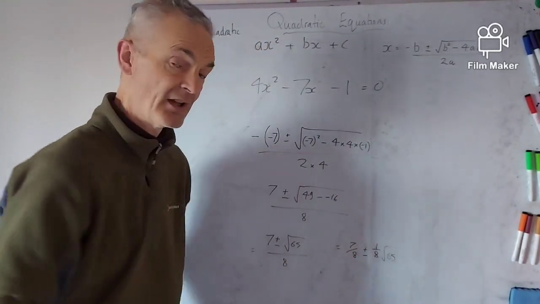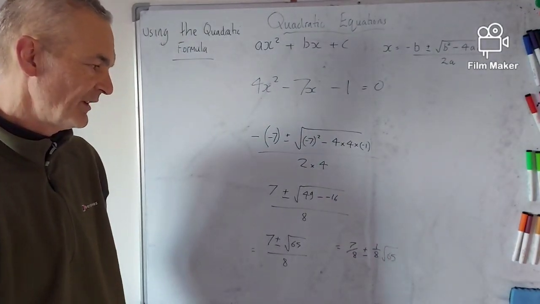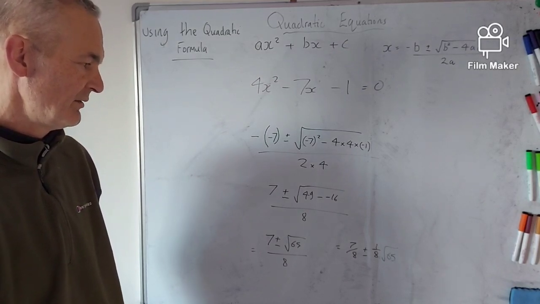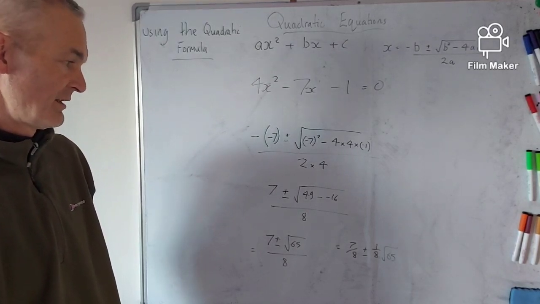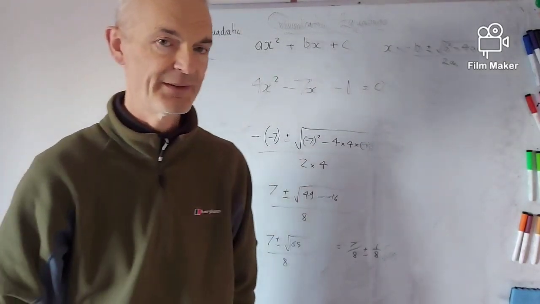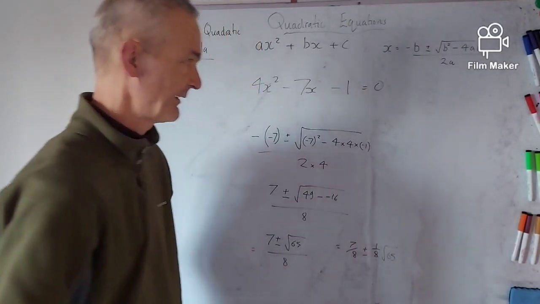Now the root 65 isn't going to get any simpler than that. You could write it as root 5 times root 13. That's not going to make it any nicer. So that's good enough like that.